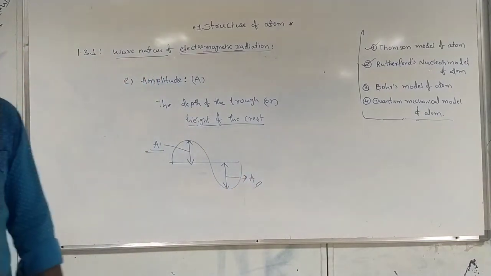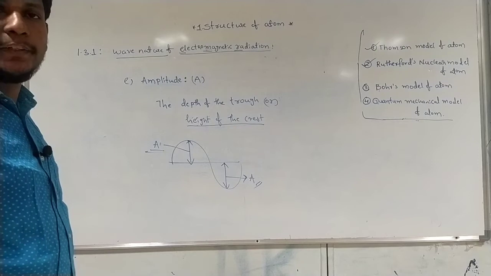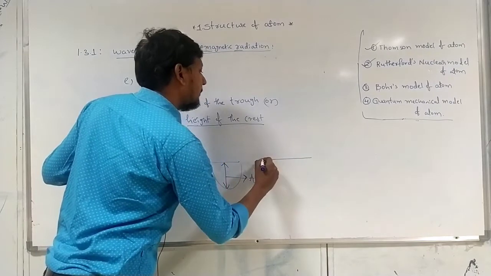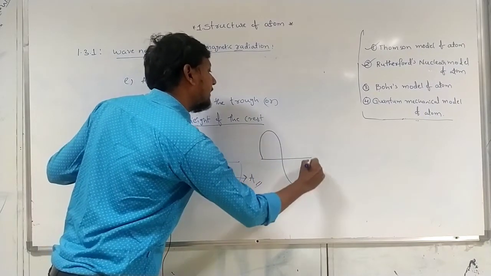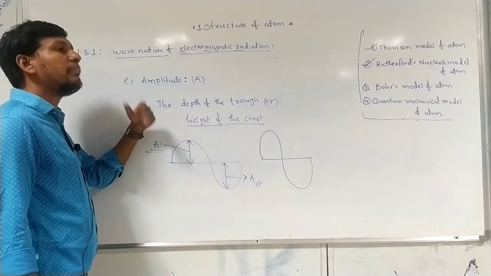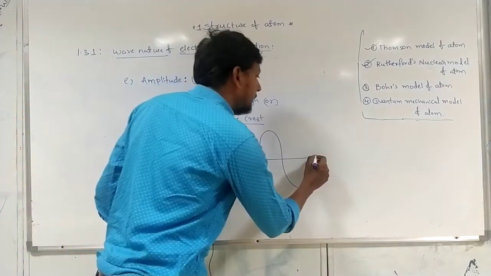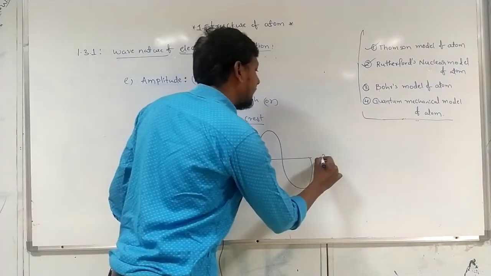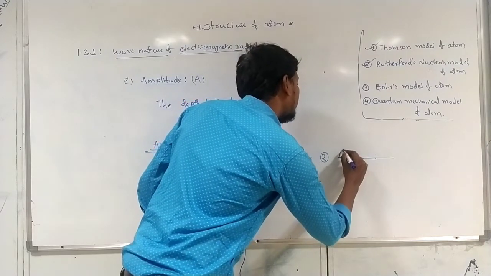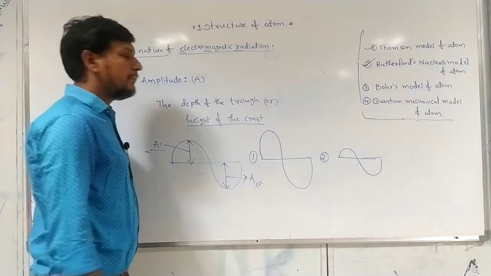It determines the intensity or brightness of the electromagnetic radiation or wave. For example, in the first wave, the height of the crest and depth of the trough is more, so the brightness or intensity of the radiation is more. In the second one, the height of the crest and depth of the trough is less.